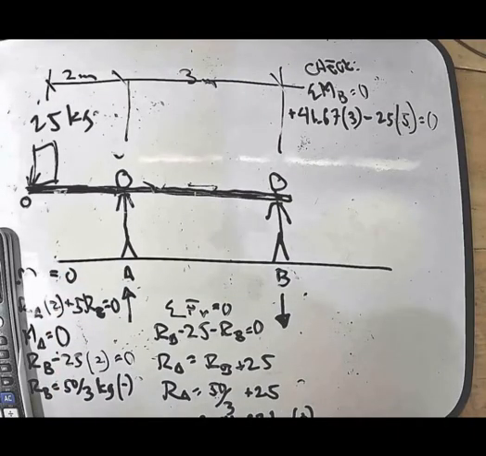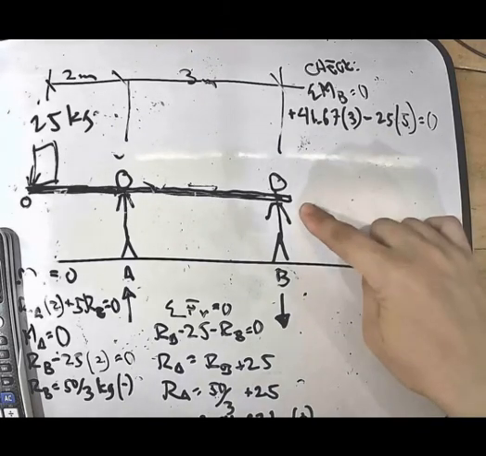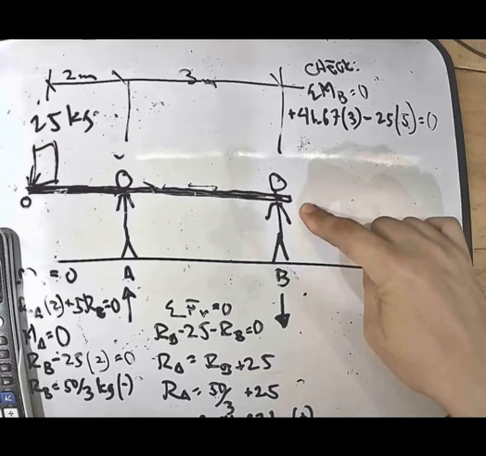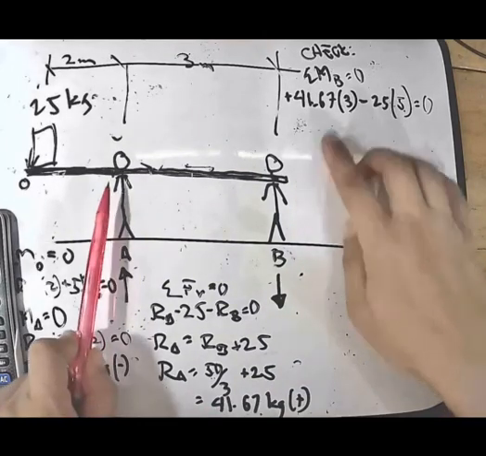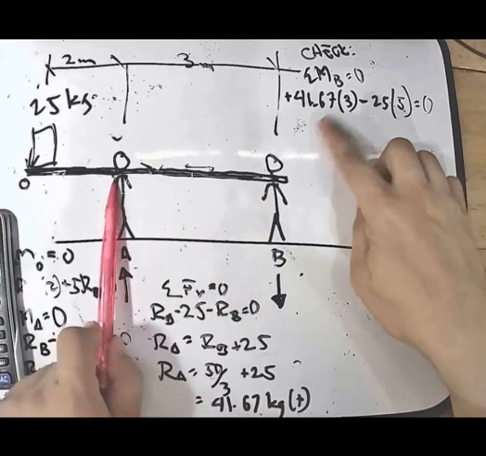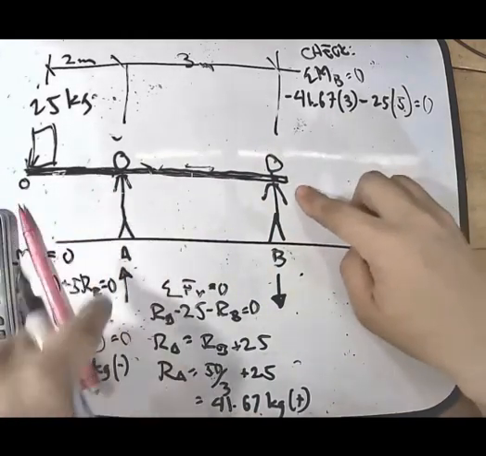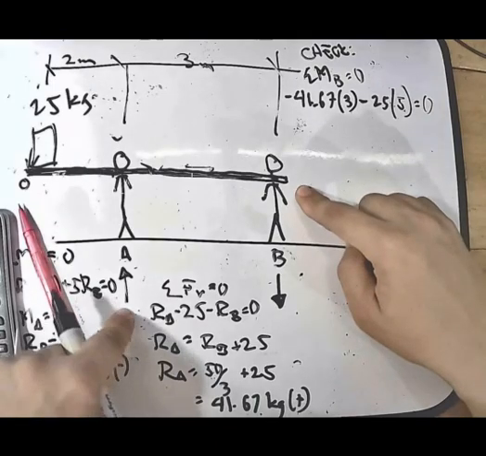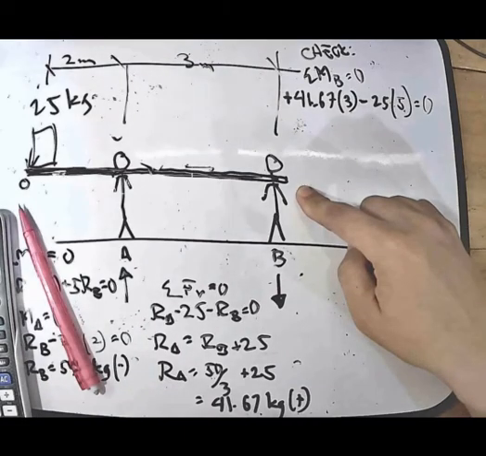So, summation moment at B is equal to 0. 41.67. Take note that this is your reaction. Okay? So, 41.67 times the lever arm na 3. Ang sign pala ni A, okay, magiging positive. Okay?